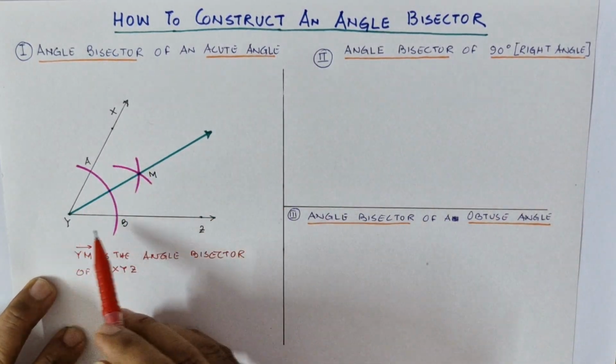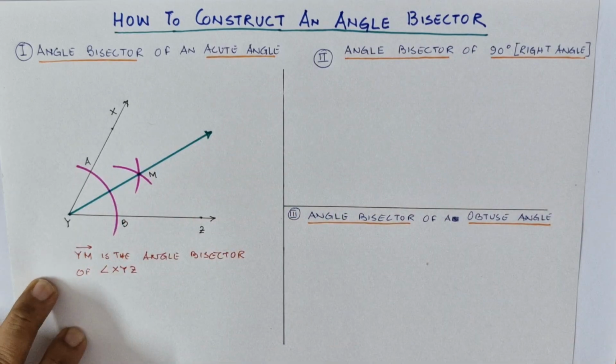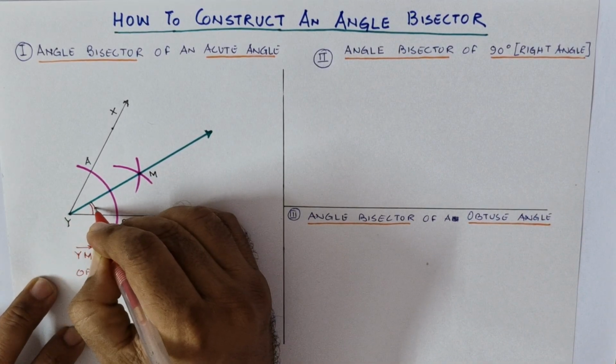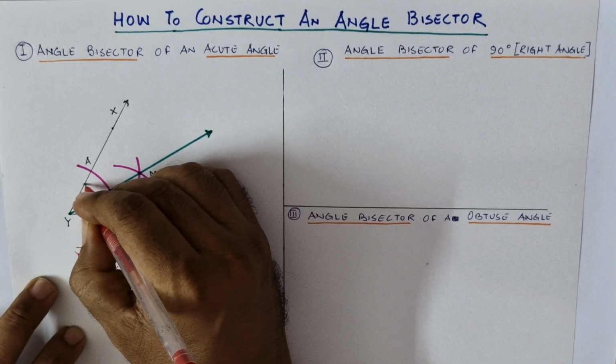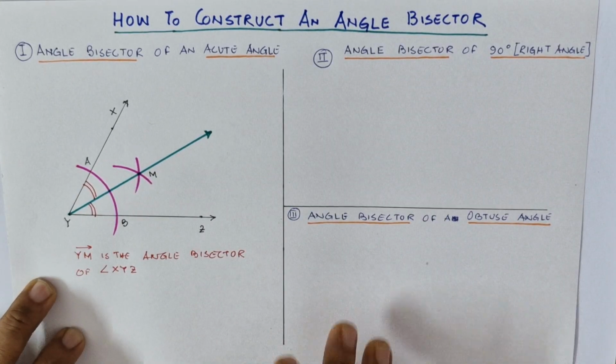So this is XYZ, the given acute angle, and YM is the bisector. Now, what does this bisector mean? It means this angle is supposed to be equal to this angle. Now, what are these angles? Let's write them down.